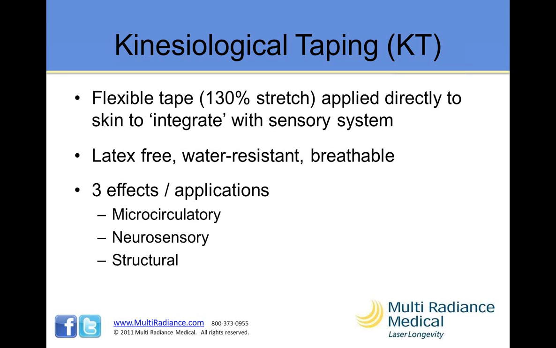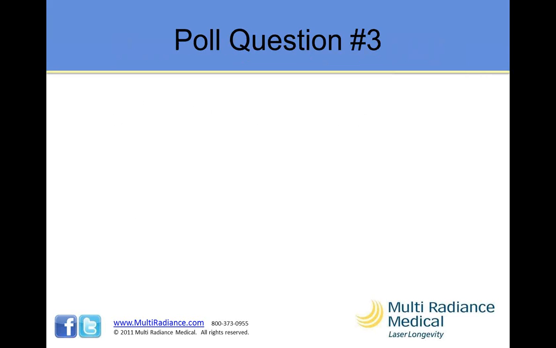And then we can also use this tape for structural intervention, meaning if we need to actually change the position of something, in terms of supporting the shoulder or the knee or something to that effect. So with that, we'll take a little break and go to poll question number 3.